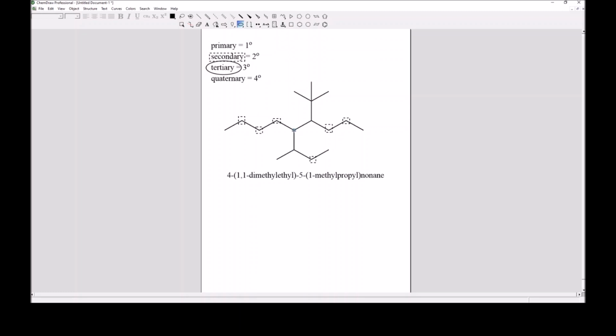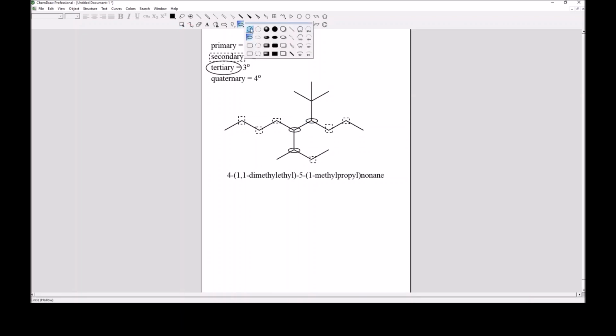Notice how it's connected to 1, 2, 3 other carbons. So this is a tertiary carbon. Let's see, I've got one more tertiary carbon right there and another tertiary carbon right here. And so those are my 3 tertiary carbons. They are carbons that are connected to 3 other carbons.